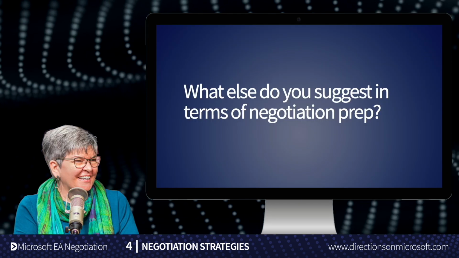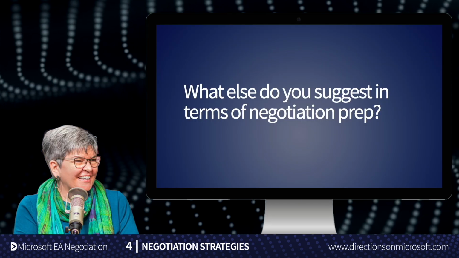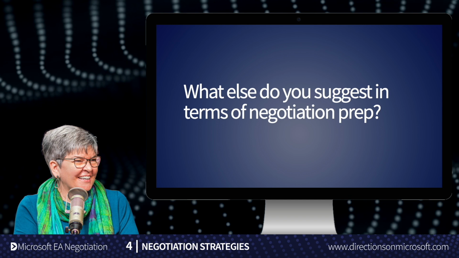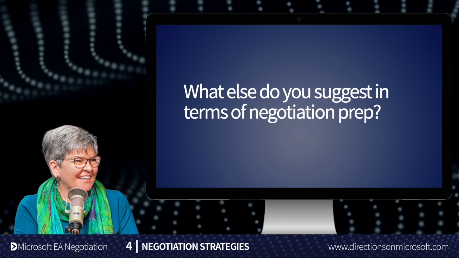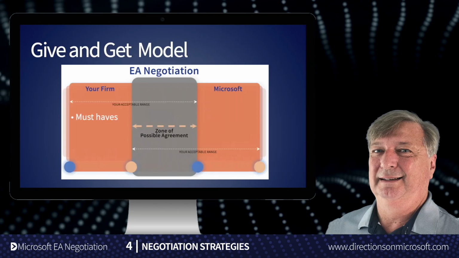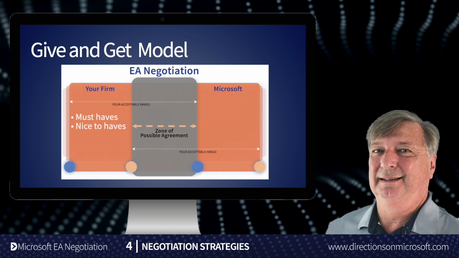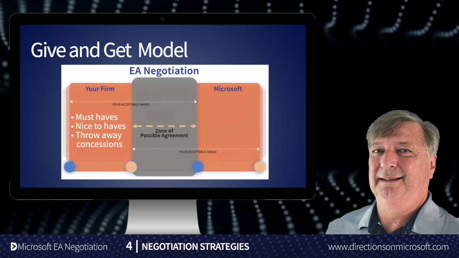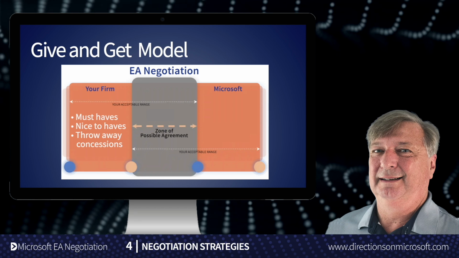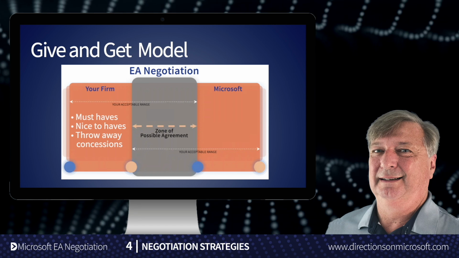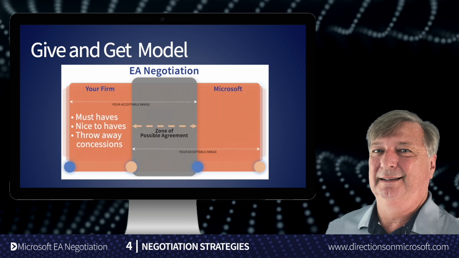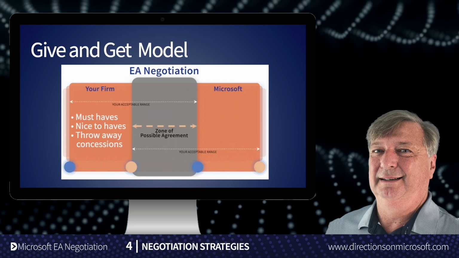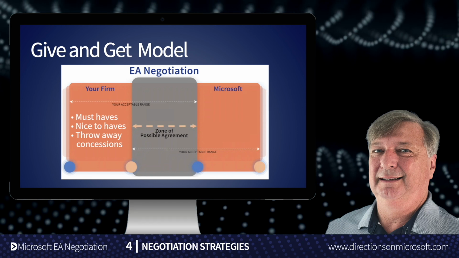So is there anything else you suggest customers do in terms of negotiation preparation to make sure they stay on top of the process? First of all, understand that Microsoft negotiation is a give-get type of model, or a give and take. If you ask for a big discount, then you might have to give up a concession. Or if you've asked for a concession in limitation of liability, you might have to give up some discount.